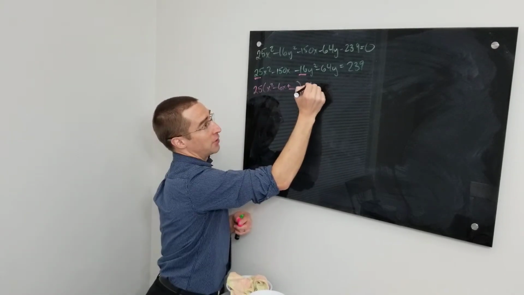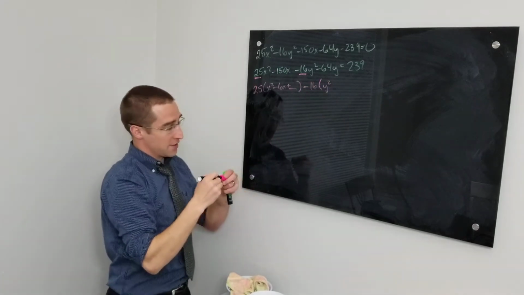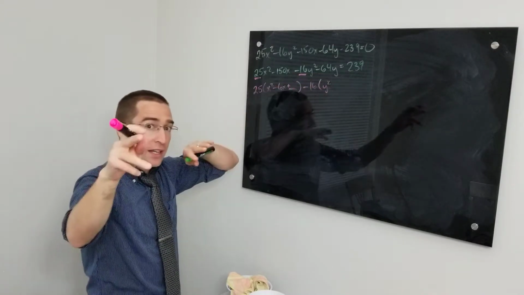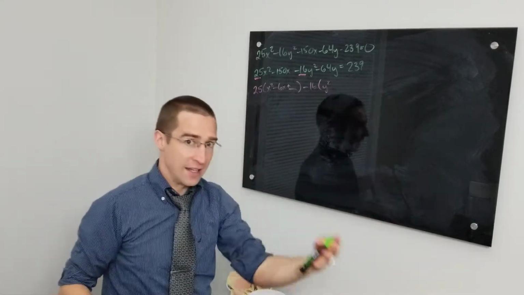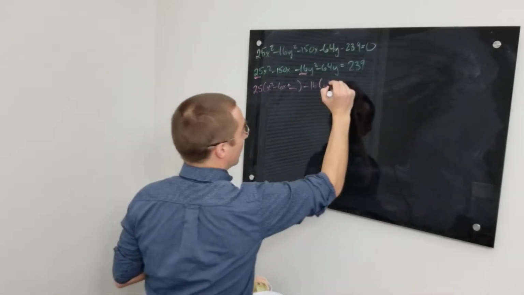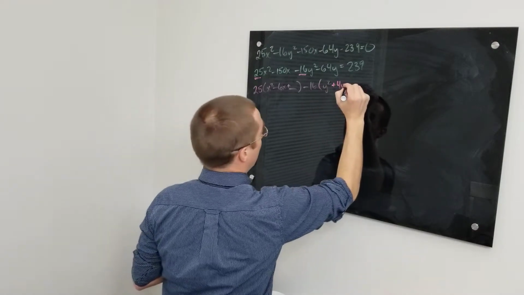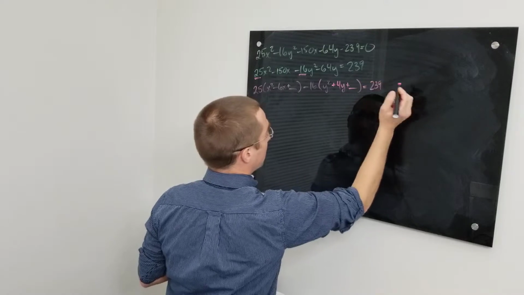And here I'm going to factor out a negative 16 because it's a minus 16y. When I'm factoring out this negative, I have to be really careful that I divide this negative 64 by a negative 16. So it's going to give me plus 4y, and then plus blank equals 239.